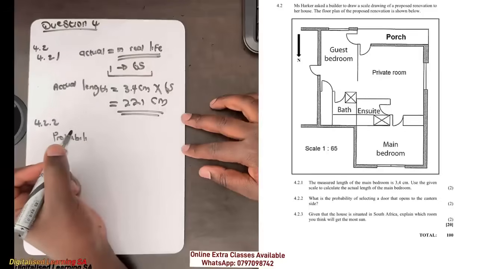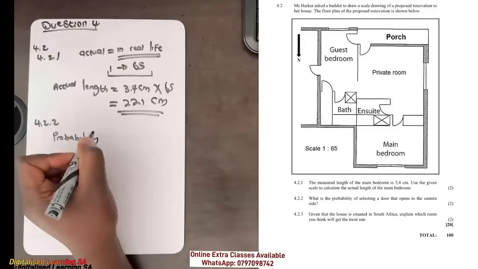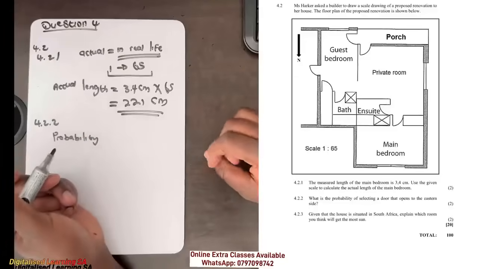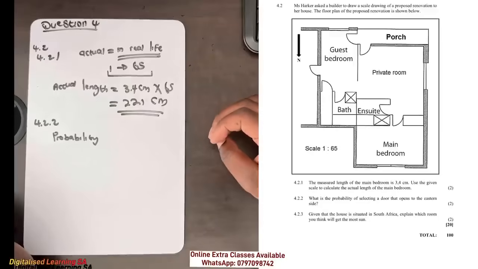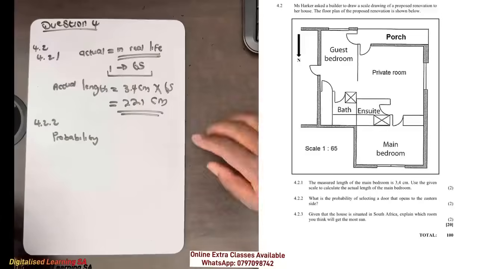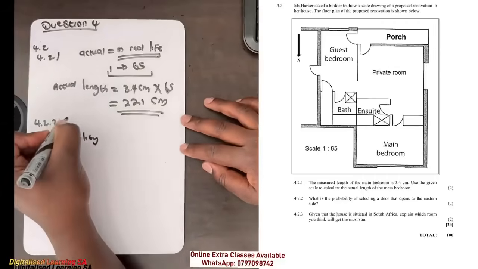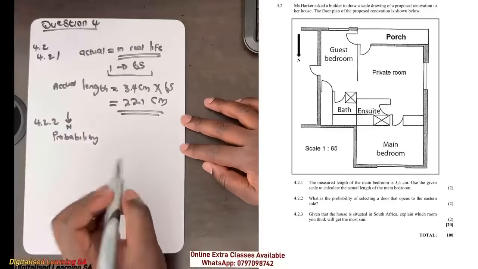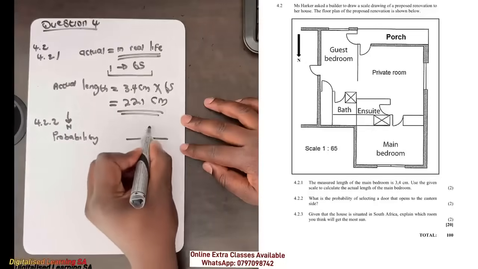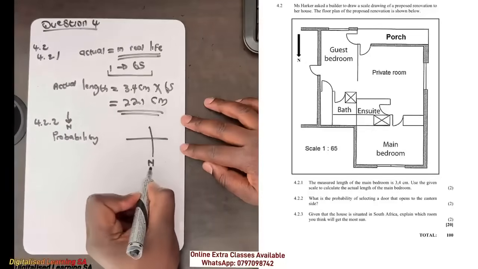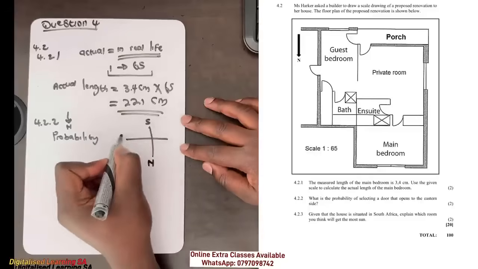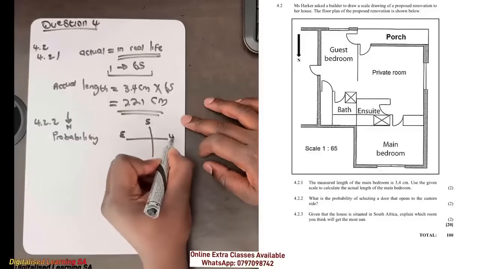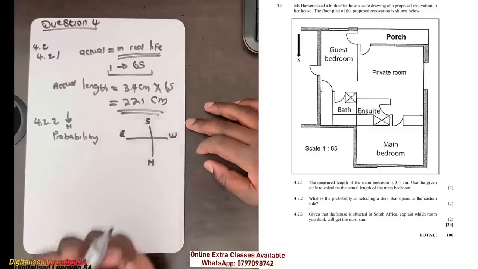If we look at our plan, we can see an arrow which says this is north, meaning that our diagram will have north, south, east, west.